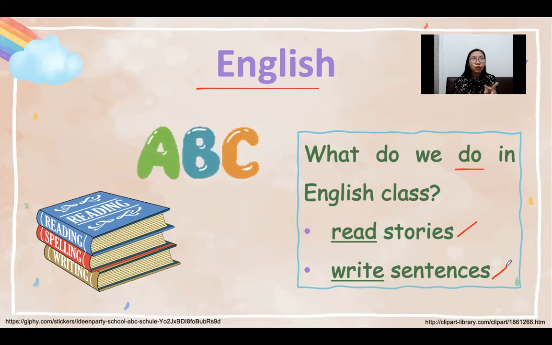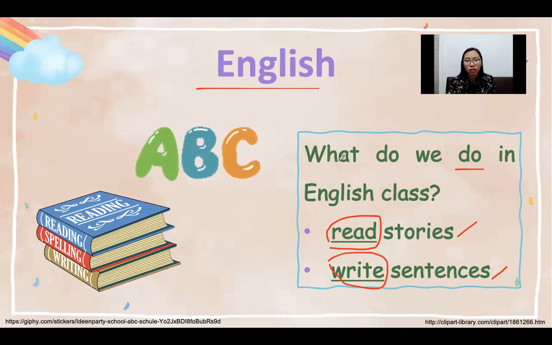But we will have this first. Okay. So remember these underlined words. Read and then write. All right. So again, what do we do in an English class? We read stories and we write sentences.